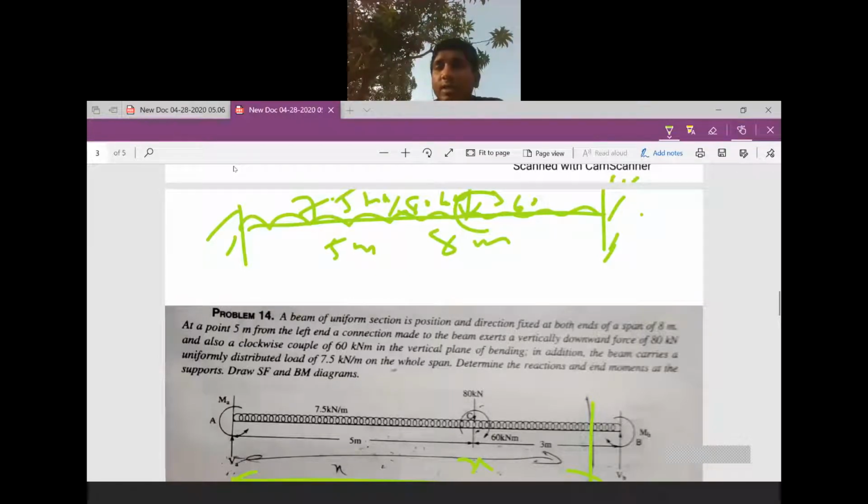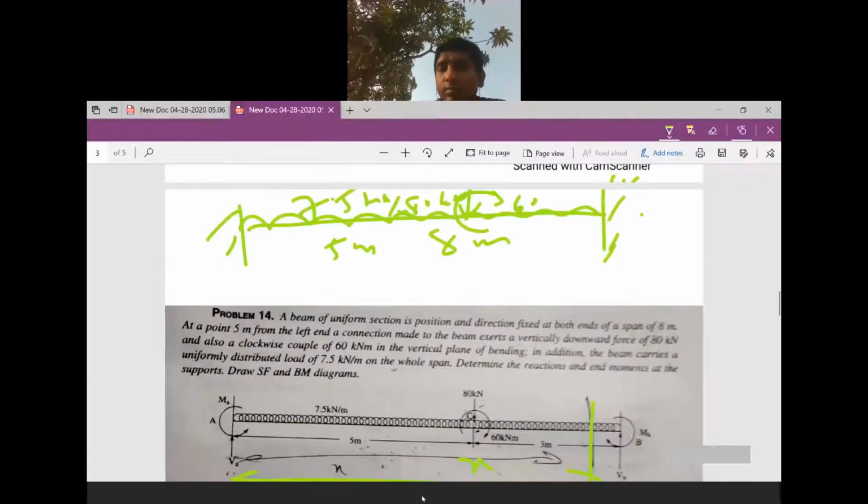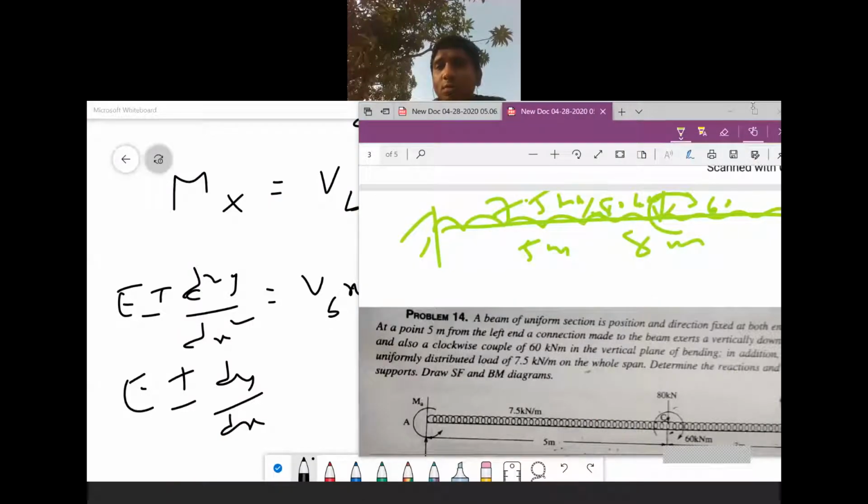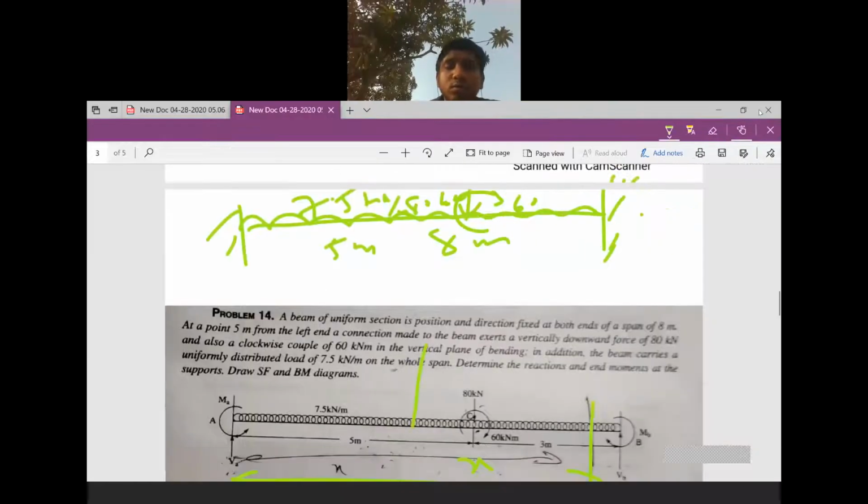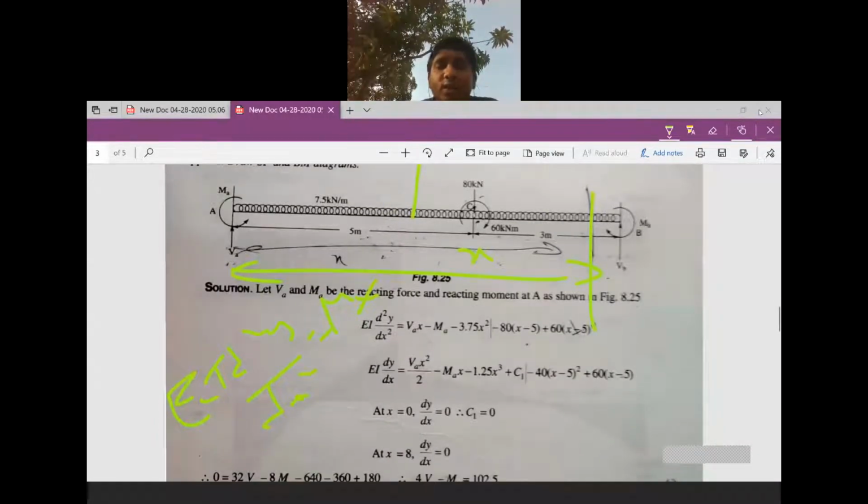So I am considering a section here. Then when I consider the section here, VA into x meters minus MA, acting in an anti-clockwise direction.